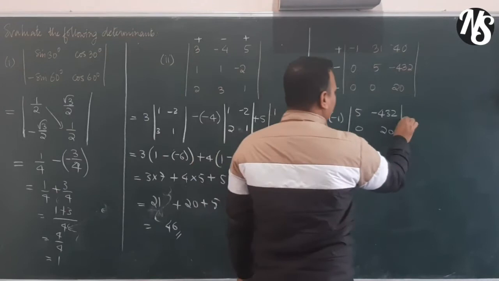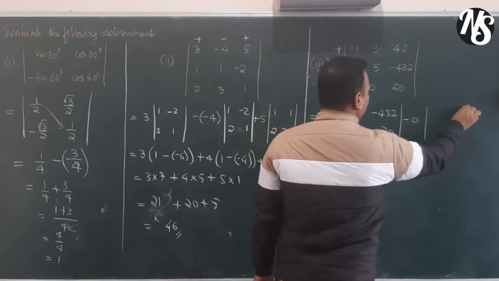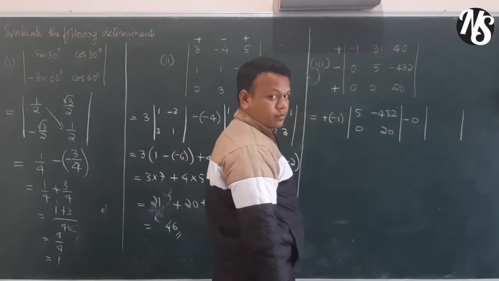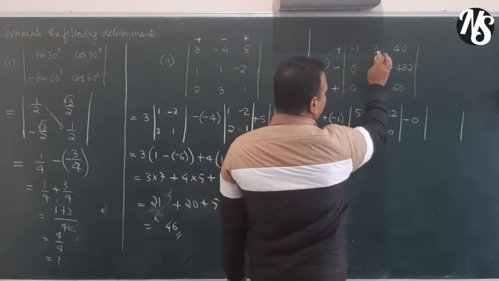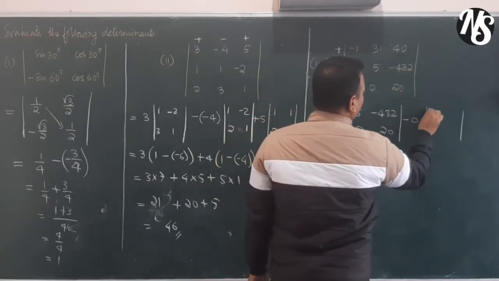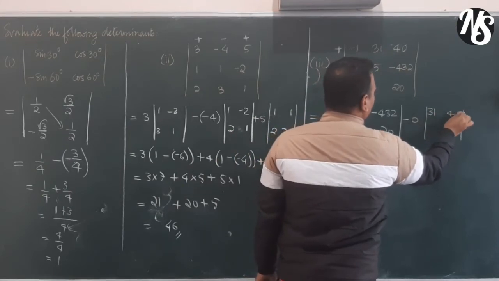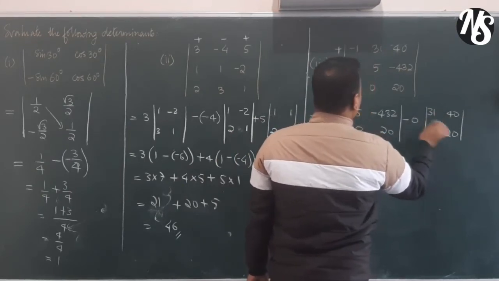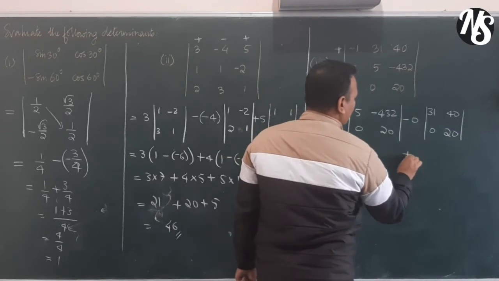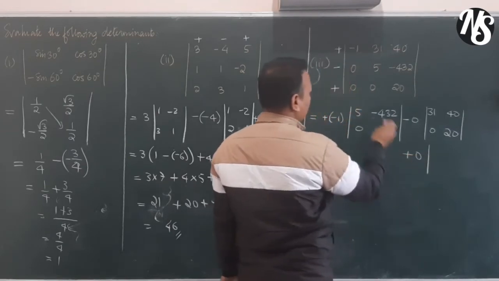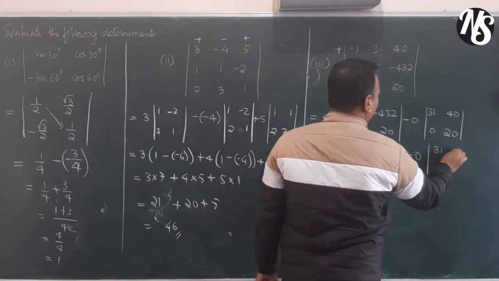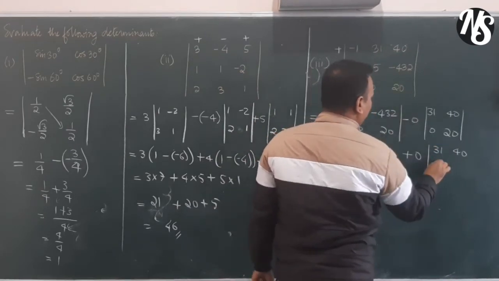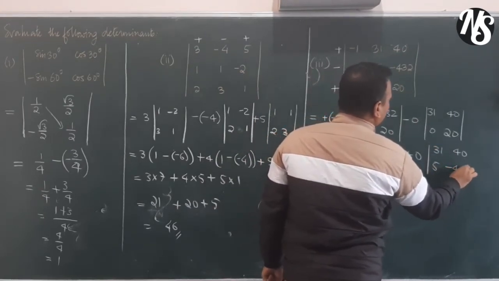Now you have to take minus 0 and some determinant will come, and that is, remove this and this, so you get 3 1 4 0 0 2 0. Now you have plus 0 again. Remove this and this, you get 3 1 4 0, so you get 5 minus 4 3 2.